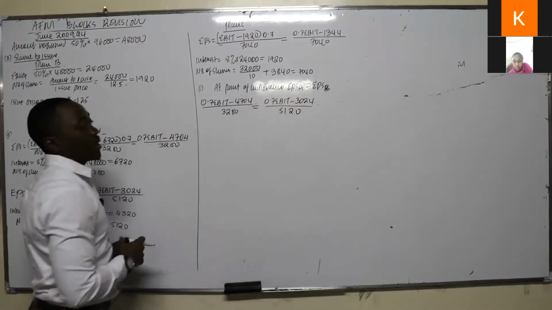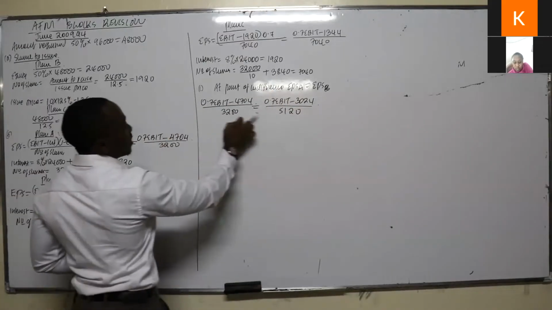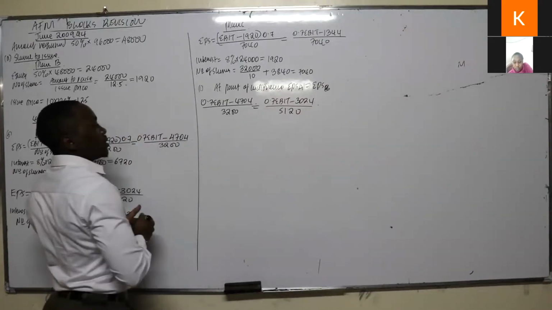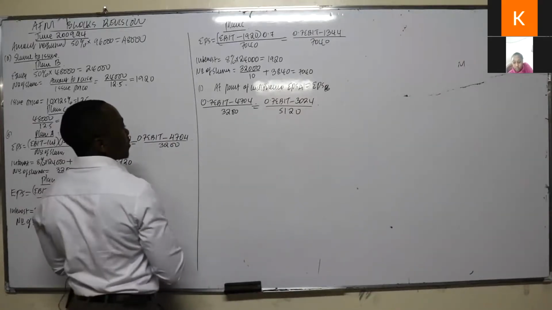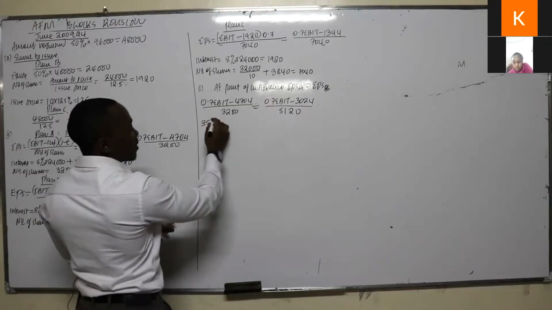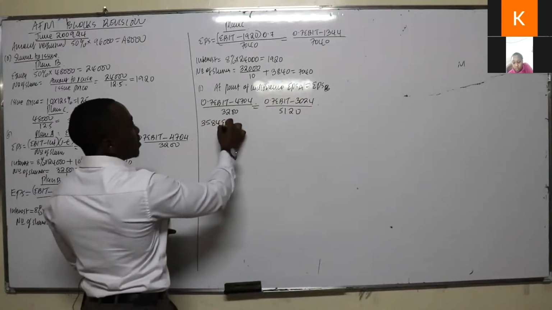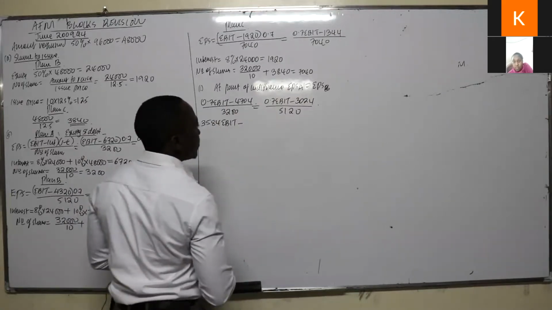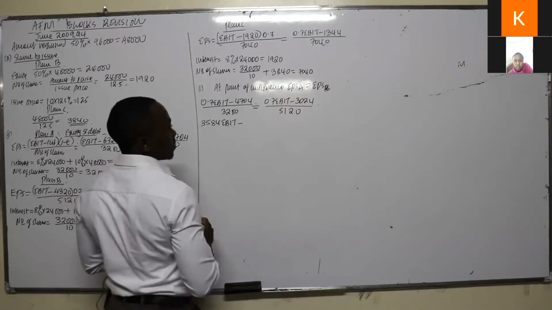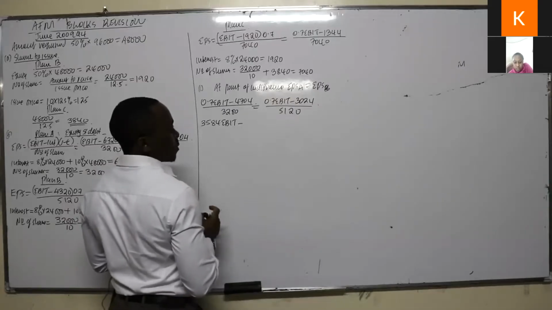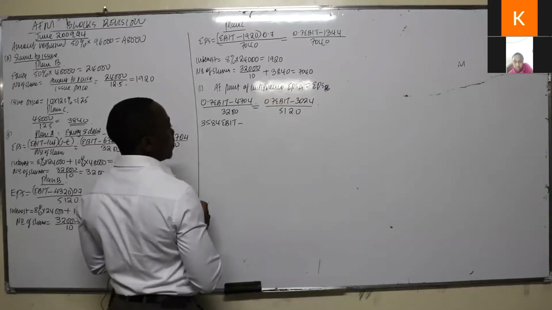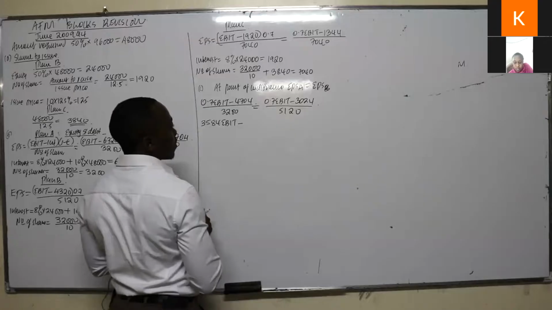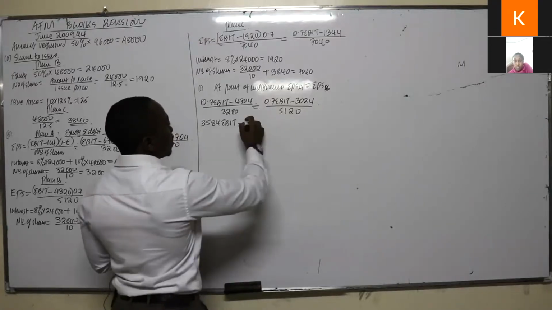Let's cross multiply. 0.7 you multiply by 5120. That 3584 EBIT minus 47.04 you multiply by 5120. Yes? 240.8.